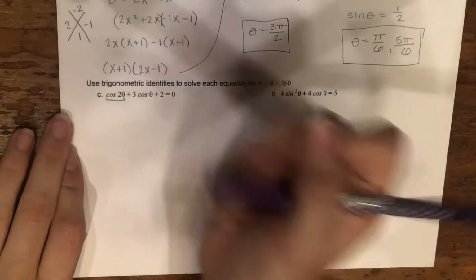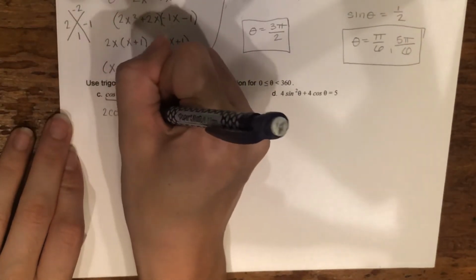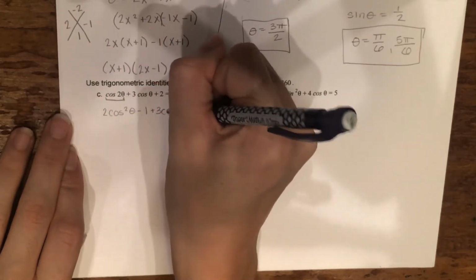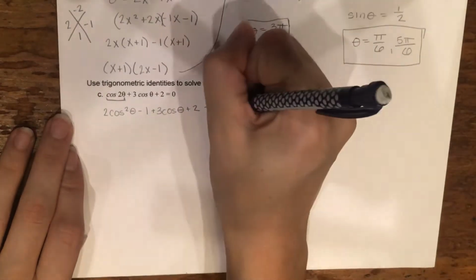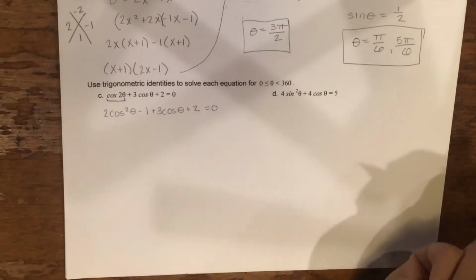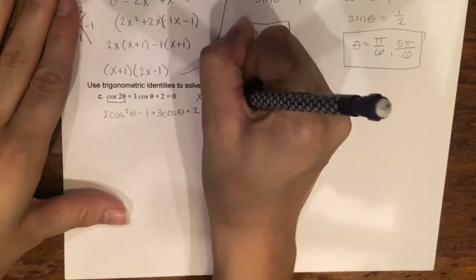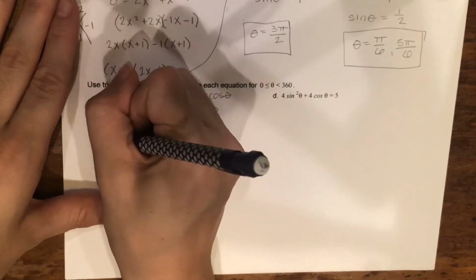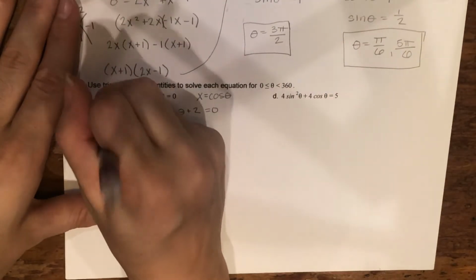Okay, so this is 2 cosine squared theta minus 1 plus 3 cosine theta plus 2 equaling 0. If you like making it x instead, that is totally fine. So I'm going to have x equaling cosine theta. So I would then have 2x squared.